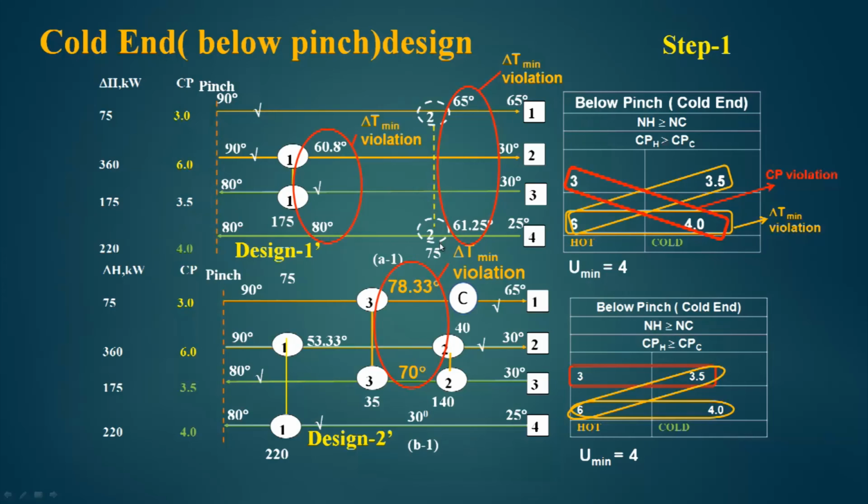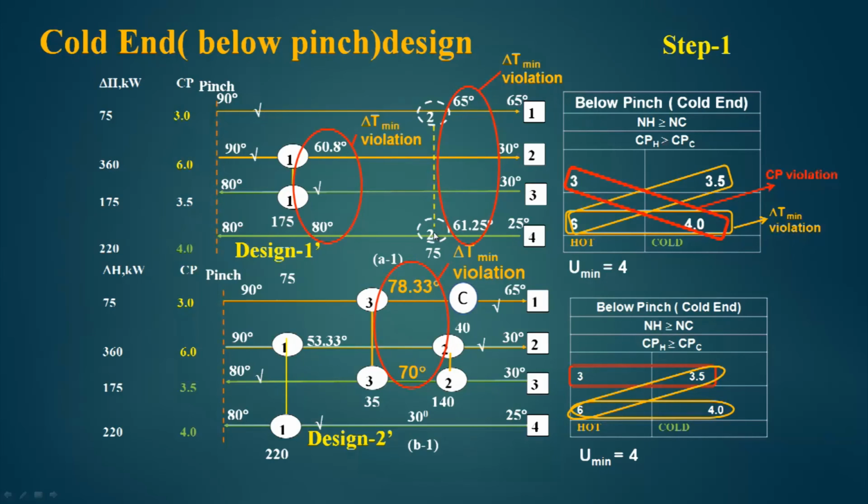The capacity of the match will be 75, because the hot stream has got 75 kilowatt to give and the cold stream can take 220 kilowatt. So, I can directly put a match of 75 kilowatt. If I do so, the temperature here becomes 65 degree centigrade and the temperature here becomes 61.25 degree centigrade, and hence there is a delta T minimum violation.